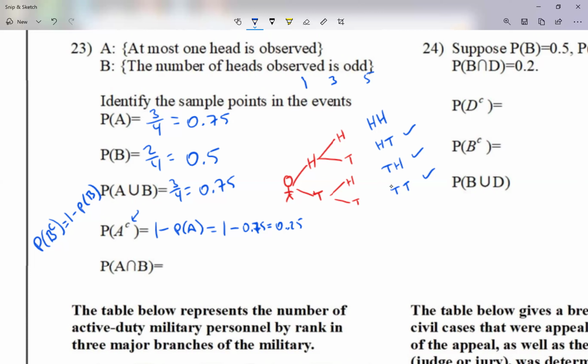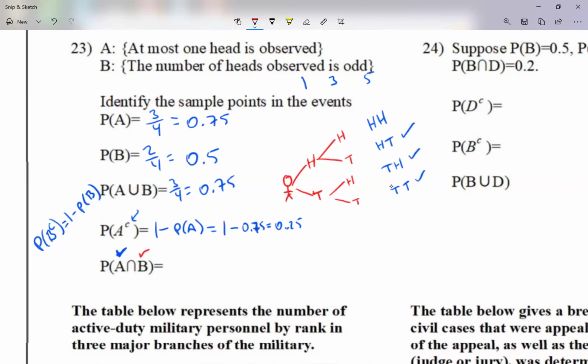Good. Now, what's the probability of A intersection B? Okay, so probability of A, at most one head is observed. So for A, let me use a blue check mark. There, there, there. And then for probability of B, let me use a red check mark.